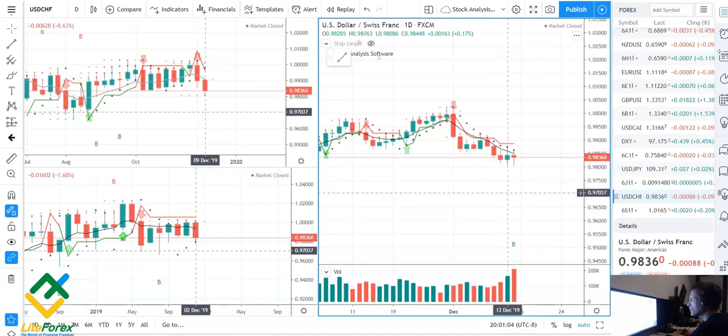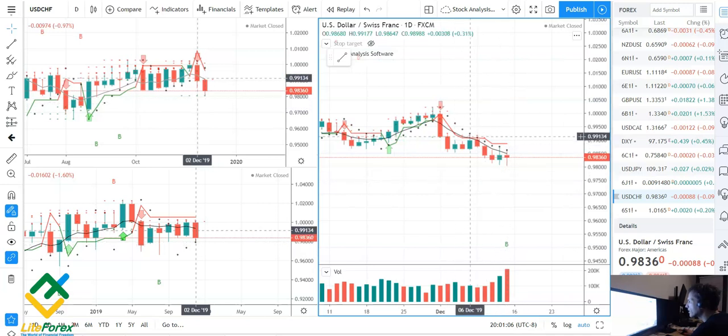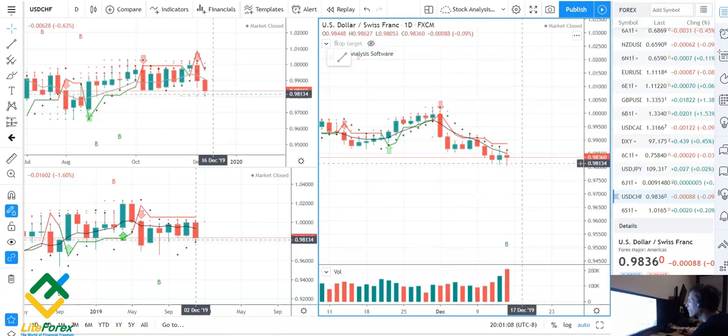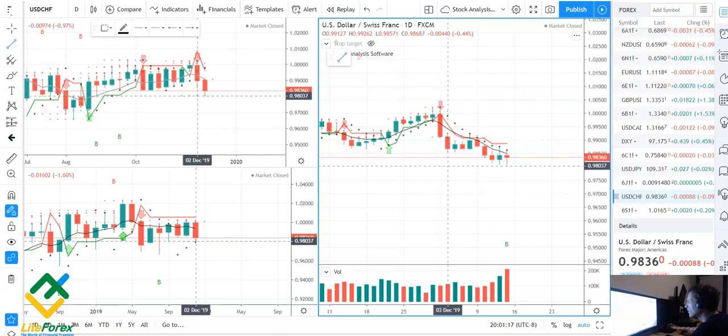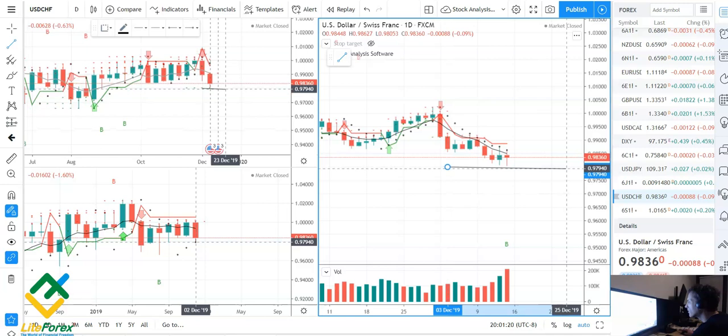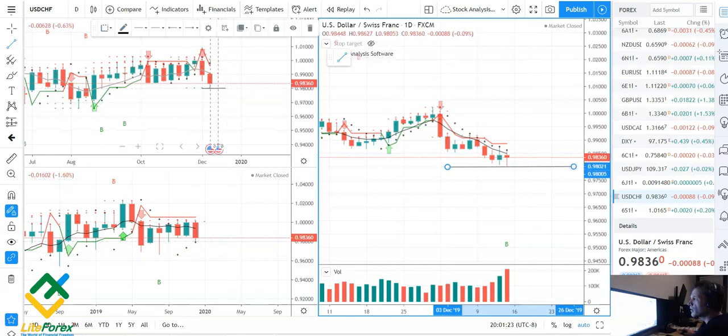Okay, US dollar Swiss franc is definitely trending more bearish. Look for support though at 0.98,000 right in there. Very, very sideways just based on the higher time frames, the weekly, although it did break down finally this week.